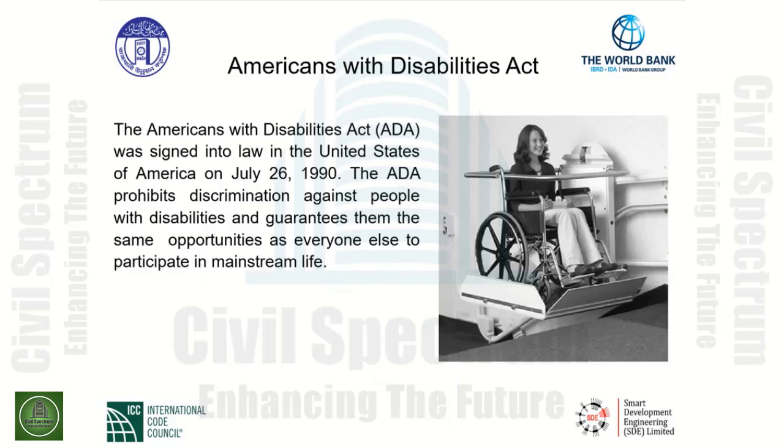As indicated in the previous slide, the reference was with the ADA. This is the Americans with Disabilities Act. It was signed into law in the United States of America on July 26, 1990. The ADA prohibits discrimination against people with disabilities and guarantees them the same opportunities as everyone else to participate in mainstream life.